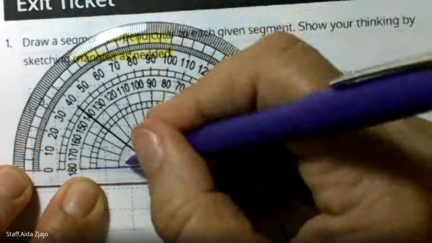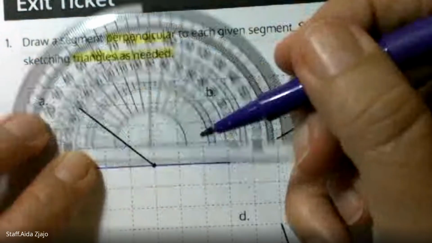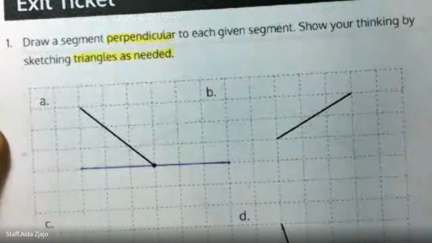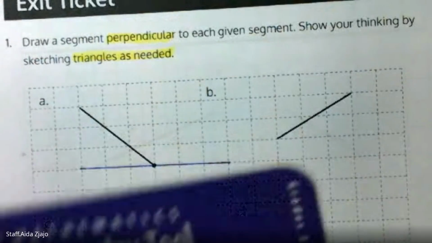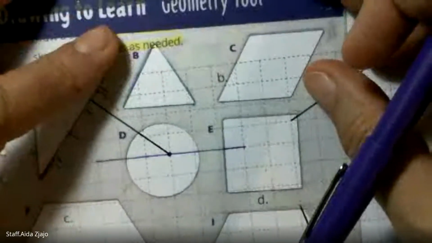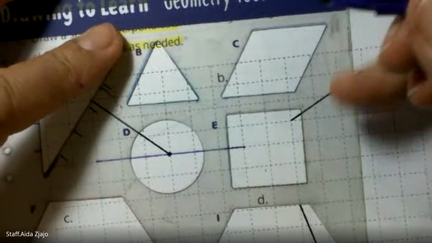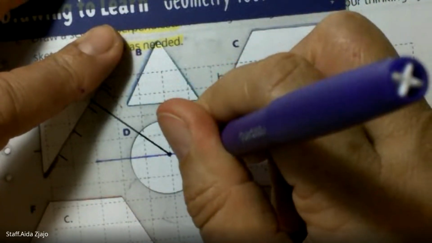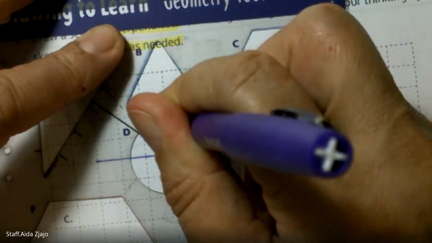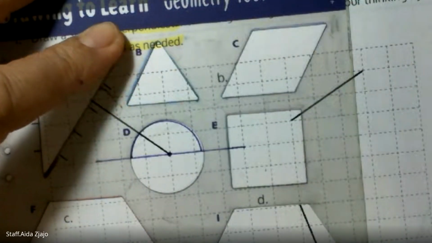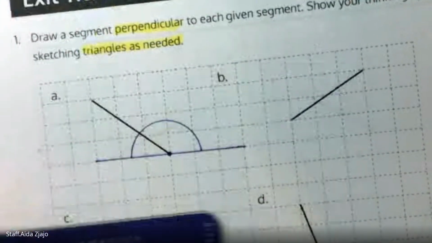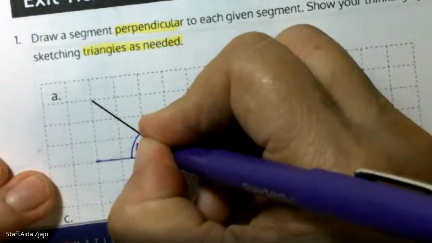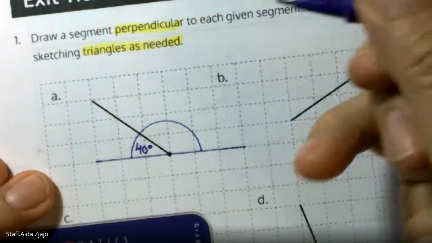So right now I know that this angle is 40 degrees. I can create this right away, like I can make that half of a circle, and I already know this has to be 40 degrees.